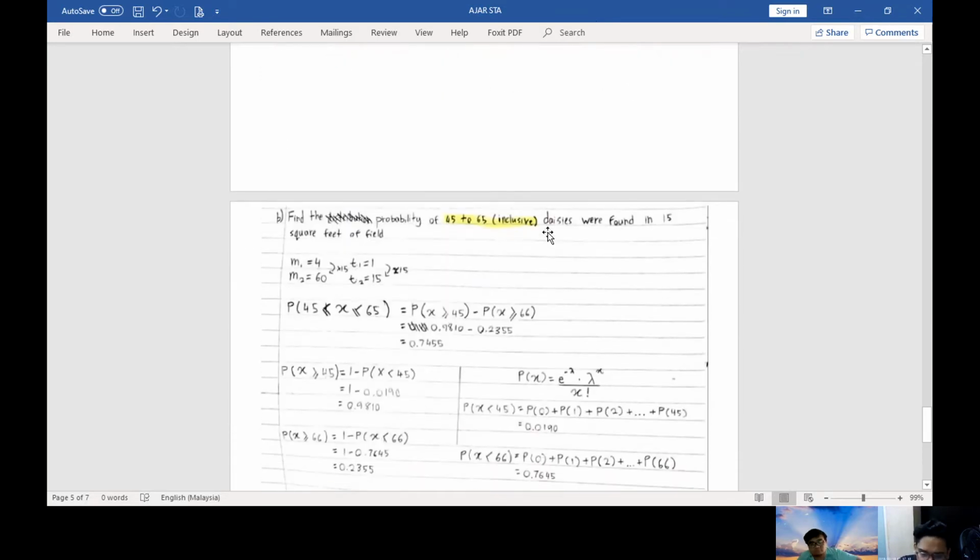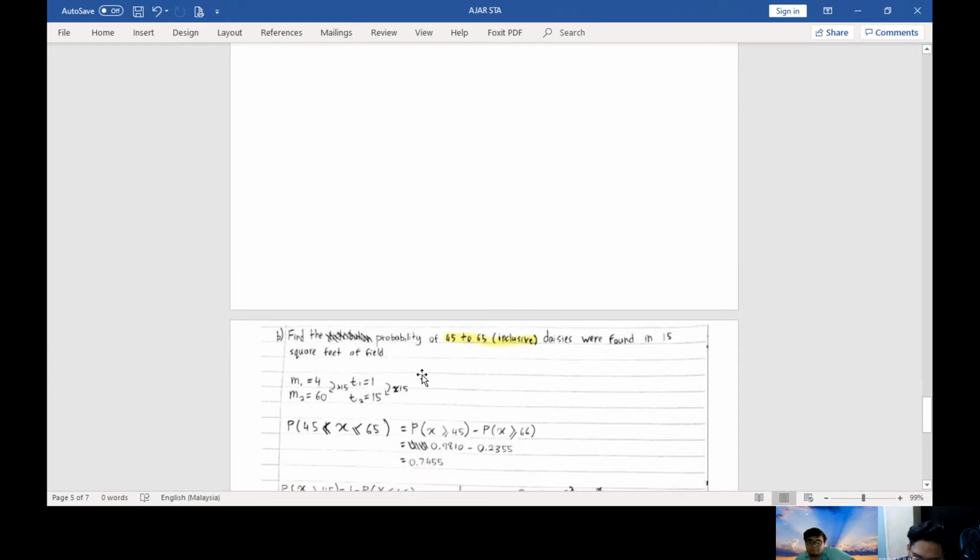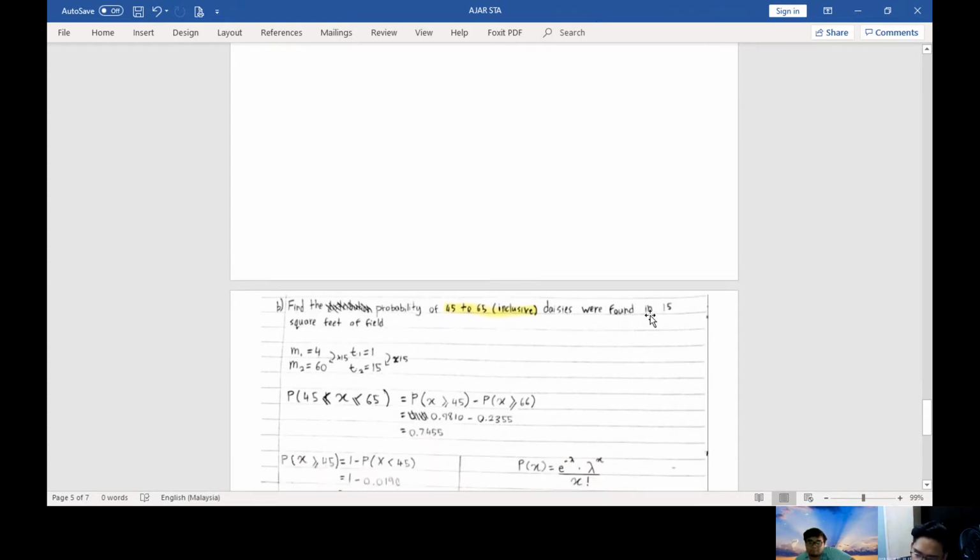Okay, let's start. Find the probability of 45 to 65 inclusive daisies found in 15 square feet of field. So M1, based on the main question, and T1 is 1, but they were found in 15 square feet of field.